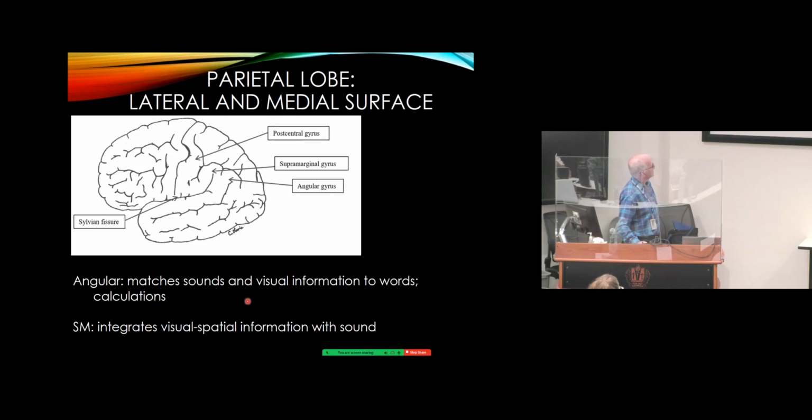Okay, so the angular gyrus back here matches sounds and visual information to words. And so in just a little bit, we're going to talk about this part of the brain back here, which is called Wernicke's area. This is the part of the brain where you understand what people are saying. So you can think of the angular gyrus as the gateway to that.